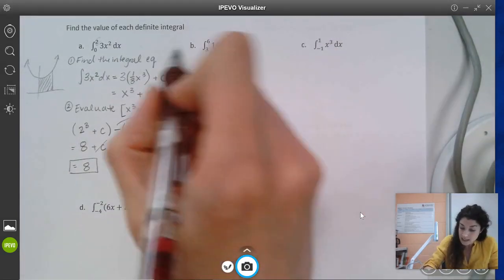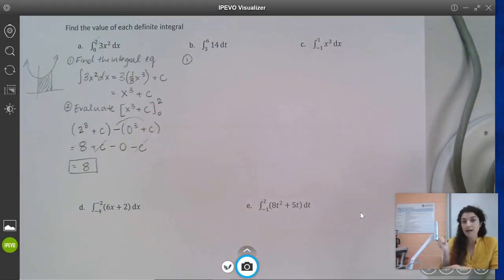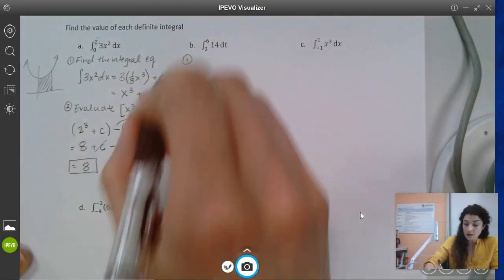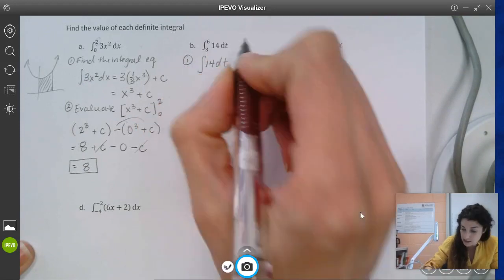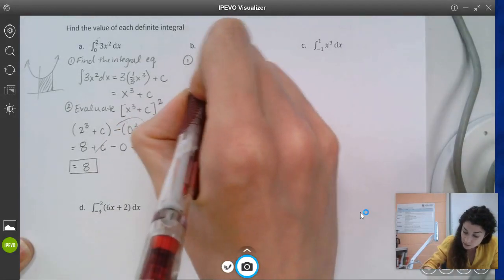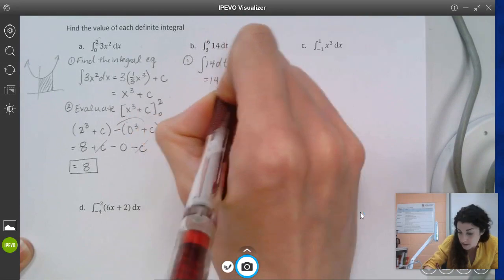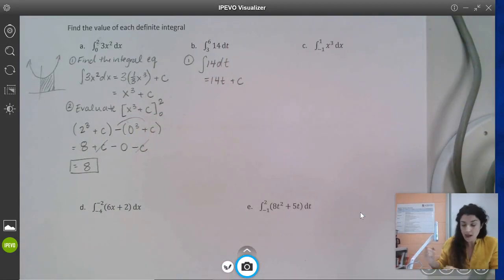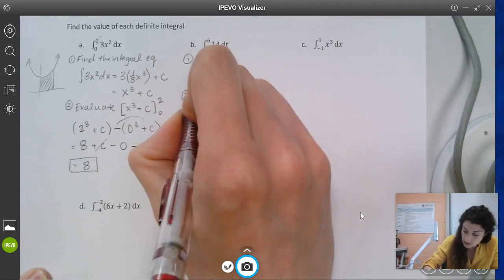So to find the definite integral of this guy right here, we first need to find our integral equation. So go ahead and find just the integral of 14 dt. So the integral of 14 dt would be 14t plus c, but we don't need it in order to evaluate. So our next job is to evaluate.